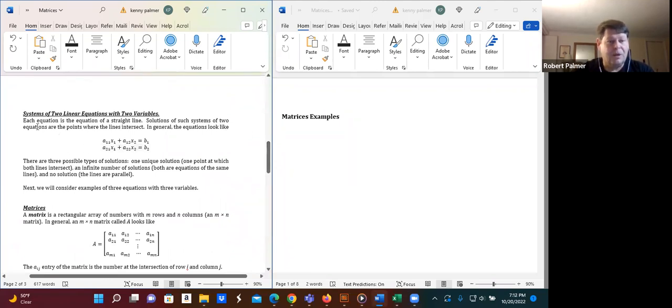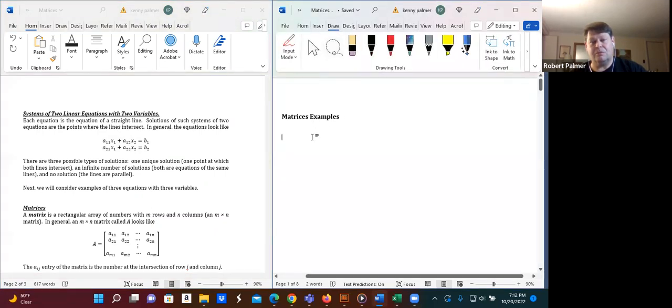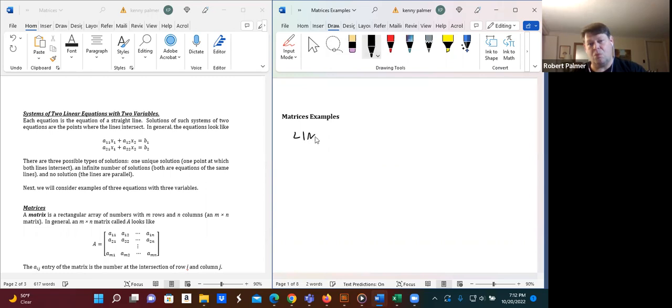And over here on the right, let's write out an actual example. The linear system of two equations and two variables.